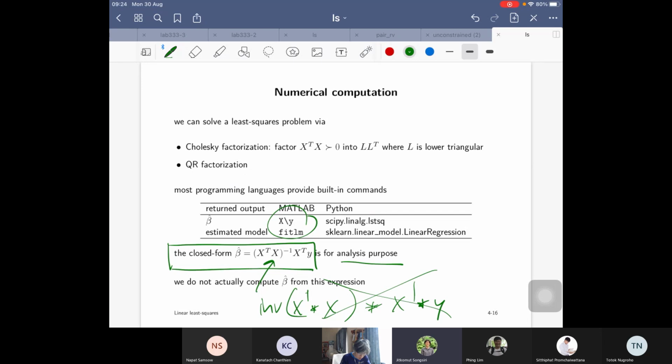This is not the way you compute the least squares solution in a computer language. In the homework exercises we're going to give you problems; you formulate them into linear least squares, and you can use these libraries to compute the estimate. The whole point of linear least squares is not about computing. The computing part is very easy, but the formulation part is more important.